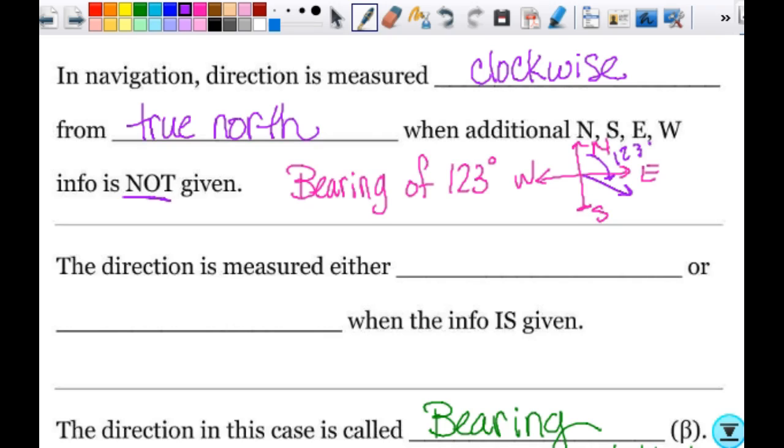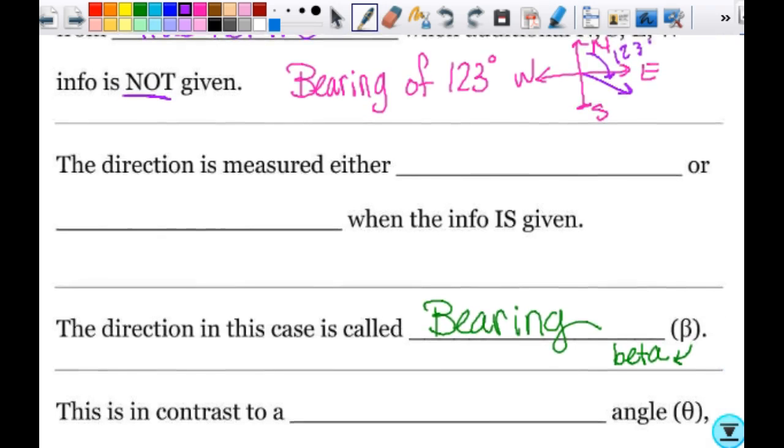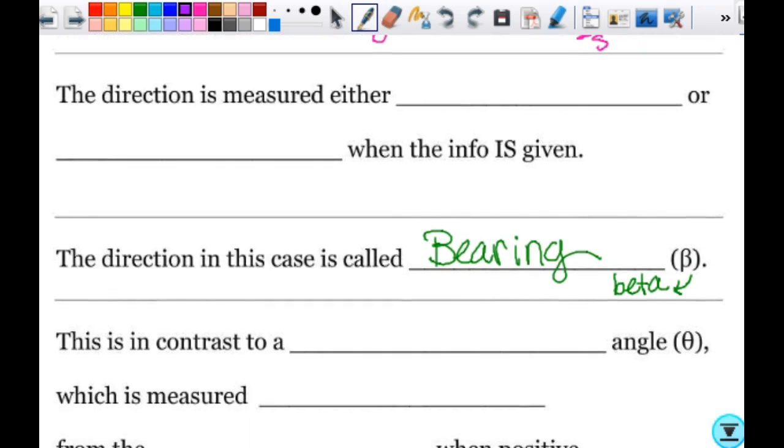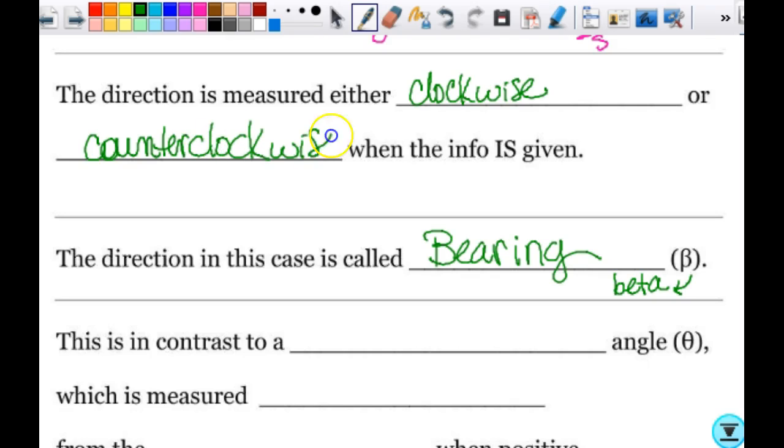All right, so then sometimes there's additional information added to that, which means you handle it a little bit differently. So direction is measured either clockwise or counterclockwise when the info is given, and by that I mean the extra north, south, east, west information.